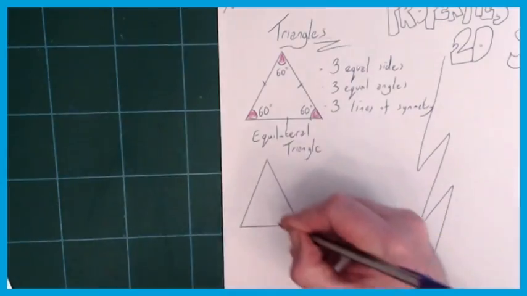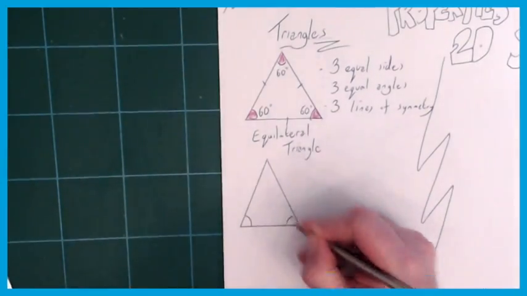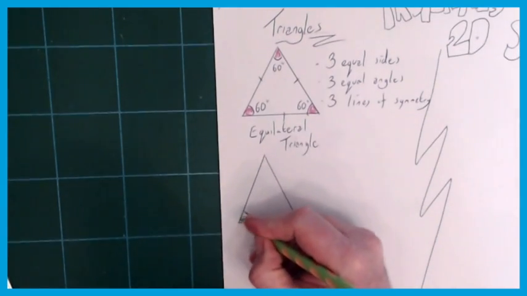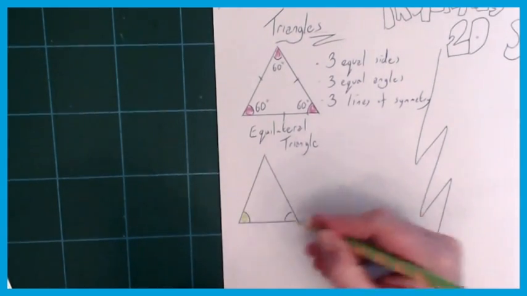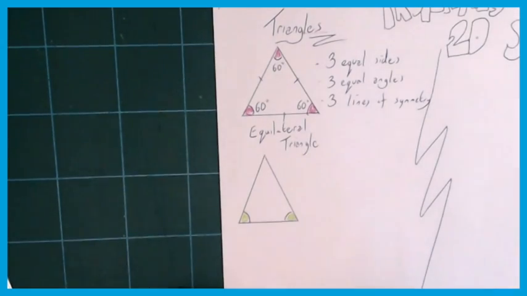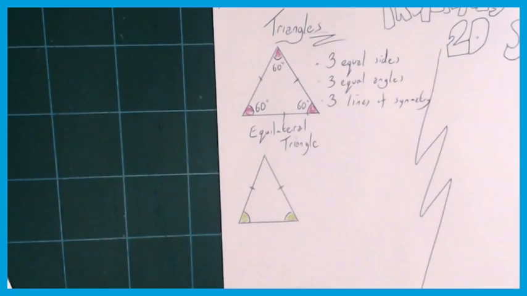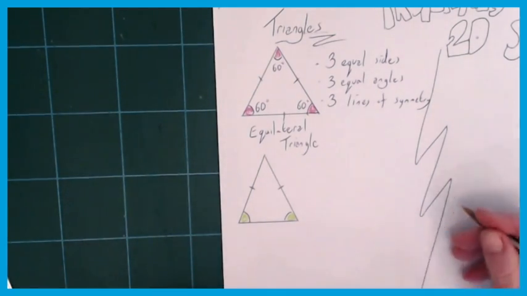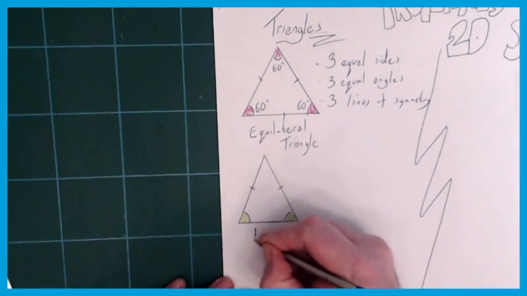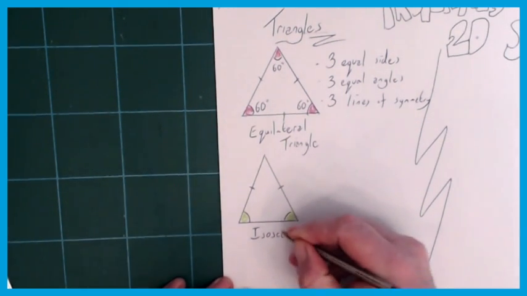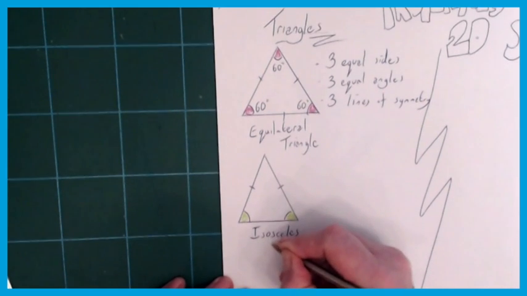And on this one, it's got two equal angles and two equal sides. And this one is called an isosceles triangle.